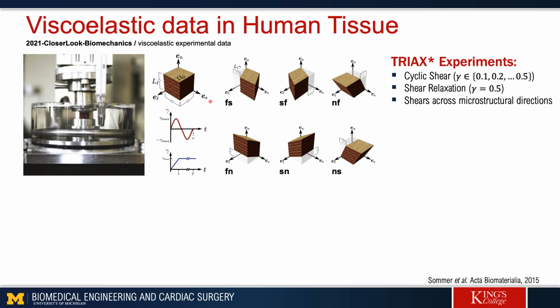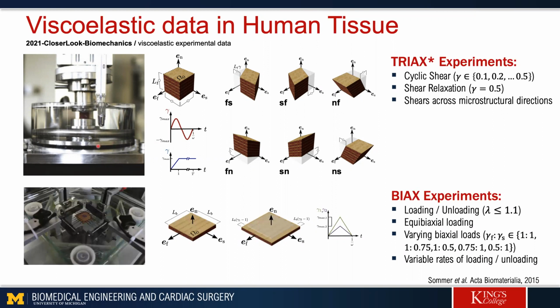Since myocardium is muscle, it has a really hierarchical structure that gives it the function it needs to contract uniaxially, so you end up with an anisotropy you need to account for. Depending on whether you stretch muscle fibers or shear them, there is a different impact on the material response. Essentially, you end up with 6 different modes of shearing that you need to do in order to characterize the shear response of the myocardial tissue.